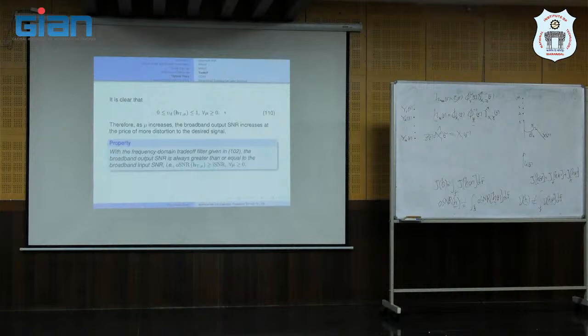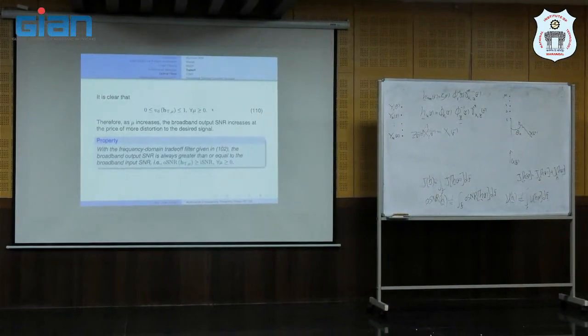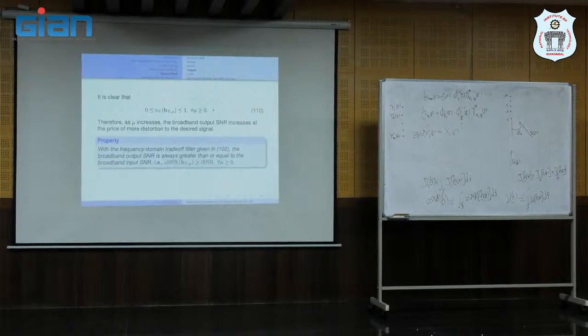Exactly. So if the noise subspace is empty, the signal plus noise subspace spans all the space. So we don't have a noise-only subspace. Then we cannot improve the output SNR using MVDR.